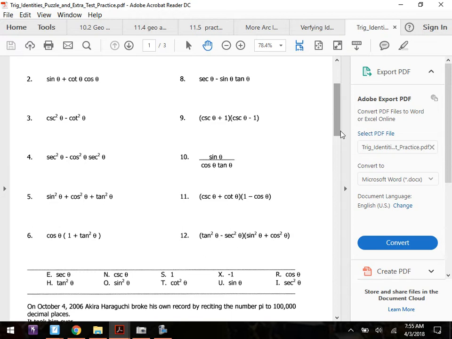so when you're going through a lot of these things, a lot of times it stems from, for example, here we have sine, cotangent, and cosine.